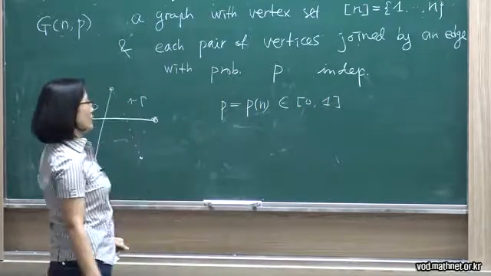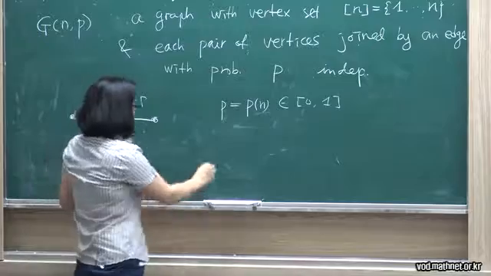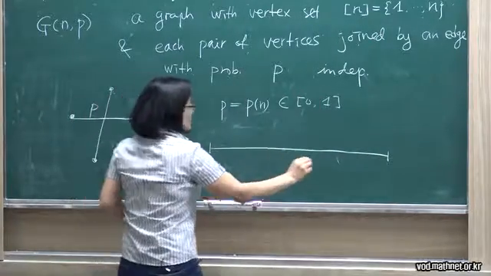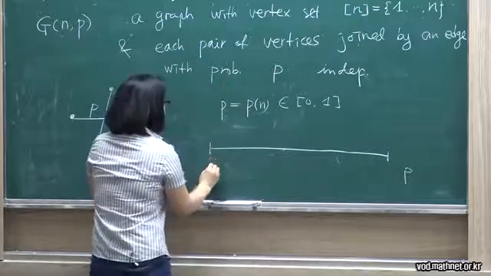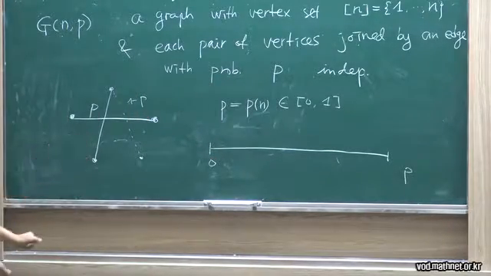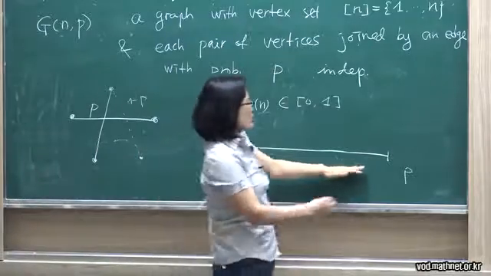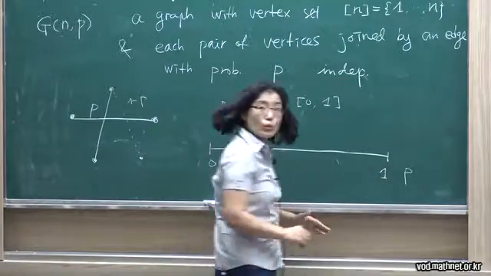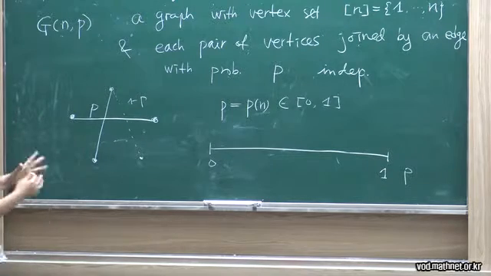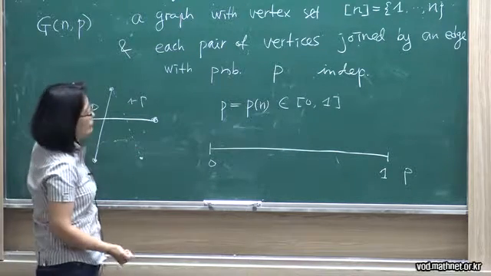As you can imagine, if p is 0, there are no edges, so it's an empty graph. On the other hand, if p is 1, then of course we include every edge for sure, so the graph is the complete graph.